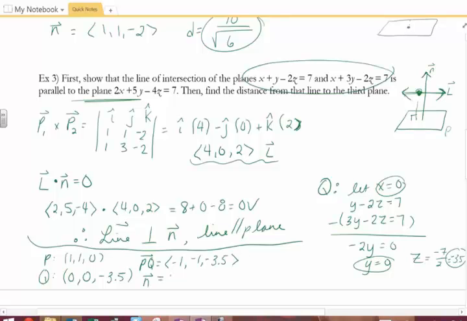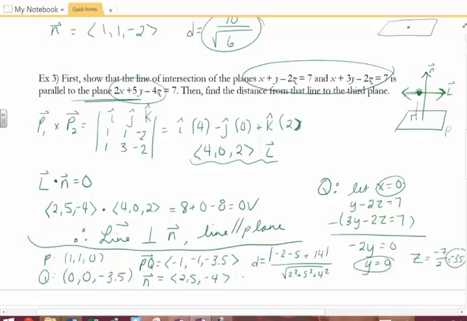N is, where was N? Here we go. N is 2, 5, negative 4. So my distance is their dot product, which is going to be the absolute value of negative 2 minus 5 plus 14 over the square root of 2 squared plus 5 squared plus 4 squared.